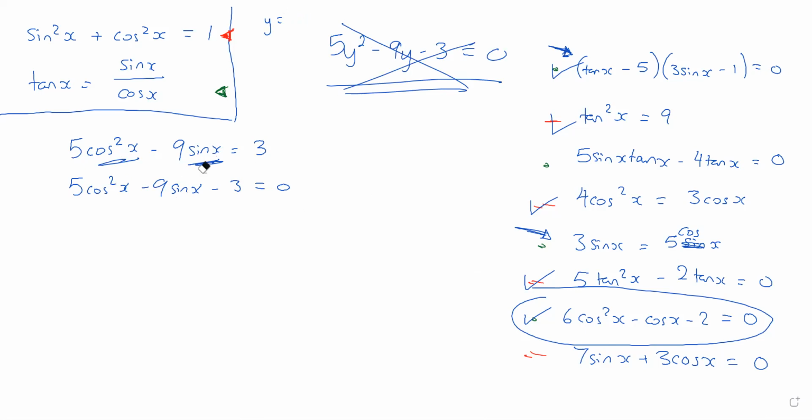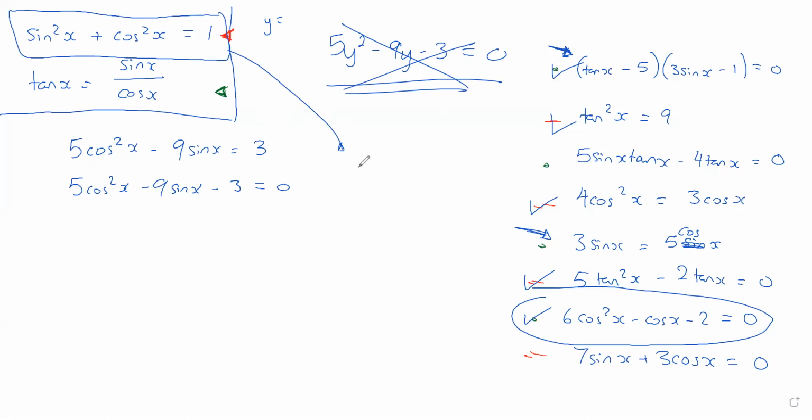So the first thing to realize with questions like this is that you can't have sine and cos in the same equation. You can't solve it, so you've only got to get one. It's got to be either all cosines or all sines. That's where this equation comes in, and this is virtually the only use of this equation. What it allows you to do is write sine squared x in terms of cos squared x and vice versa.